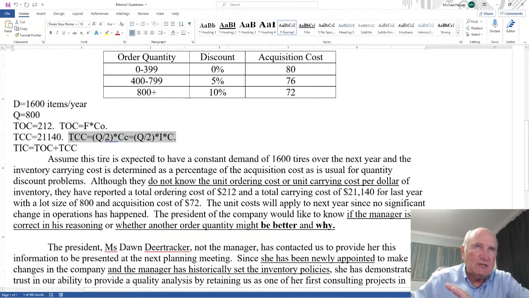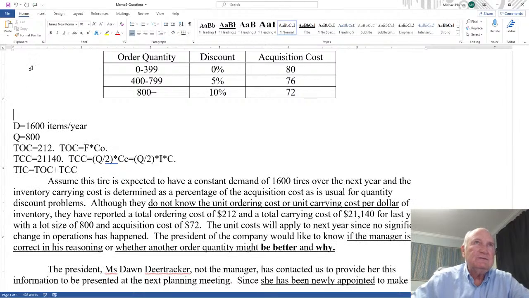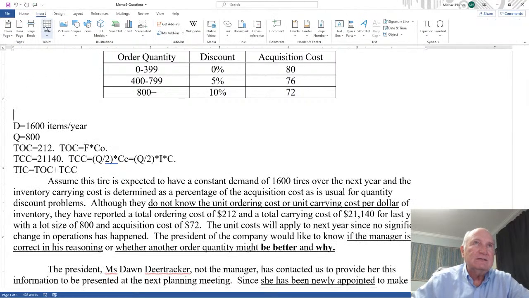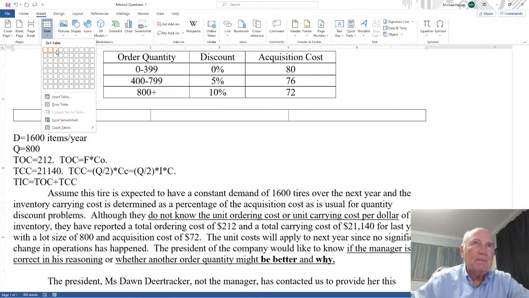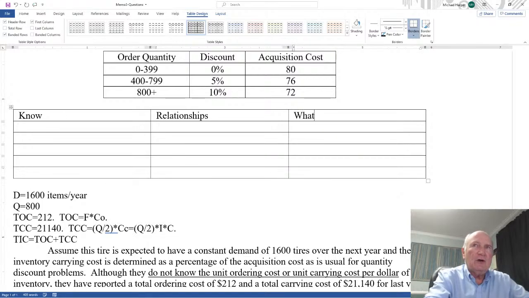These are the relationships related to this. That's the second thing. Let me emphasize this since this is a video. Write down what you know. Write down the relationships. And then what you need to know.